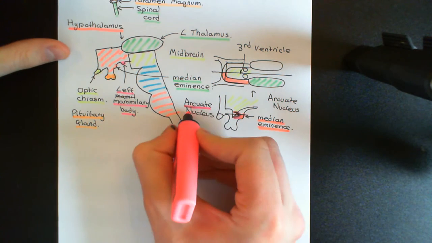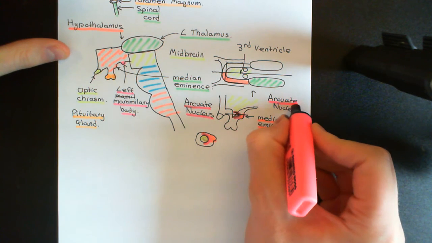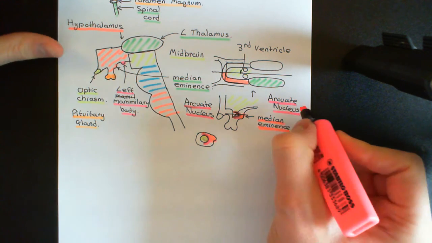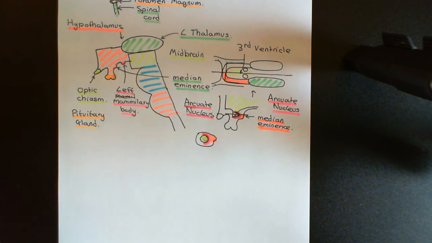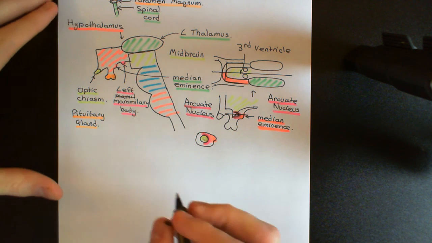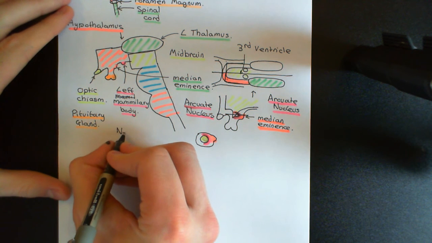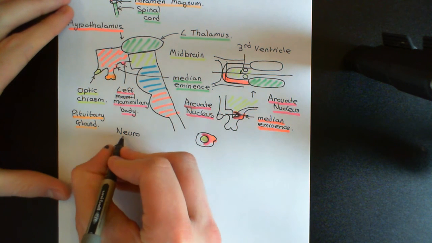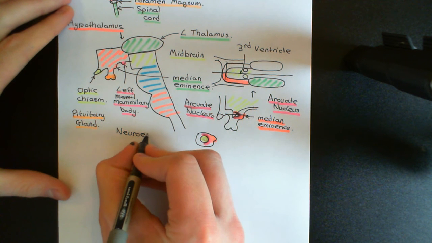And the arcuate nucleus and median eminence are going to do the same thing with regards to controlling the thyroid gland. Okay, so both of these areas of the hypothalamus contain neurons that are going to be neuroendocrine neurons. So neuroendocrine neurons are of course neurons which release hormones.